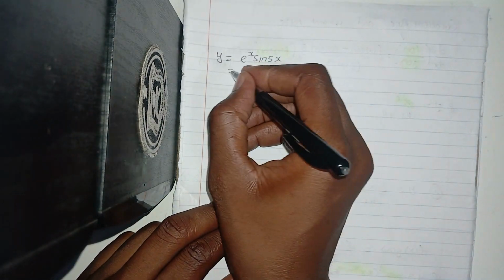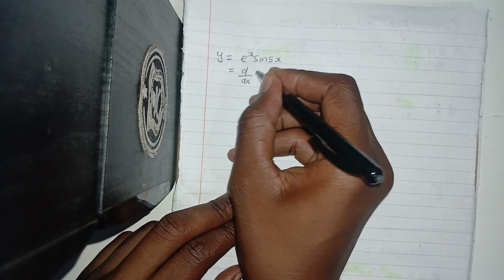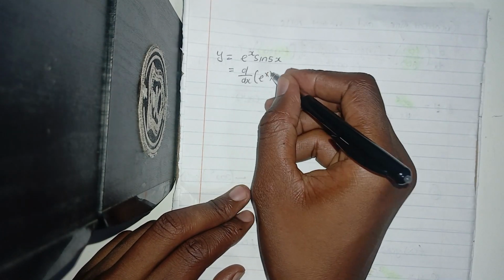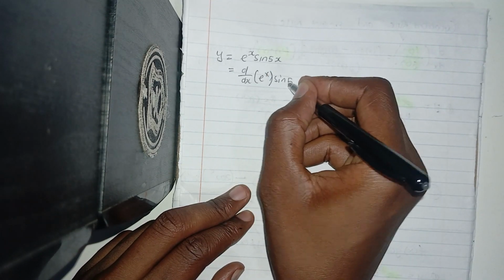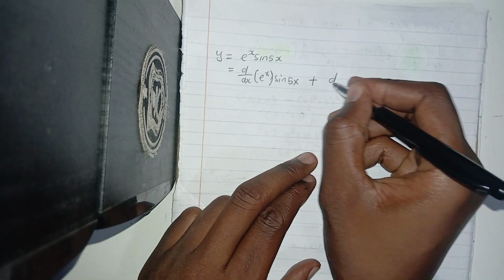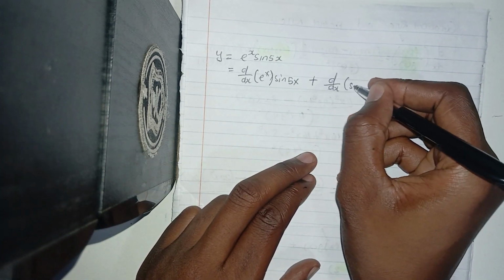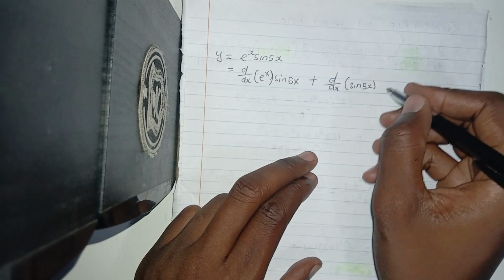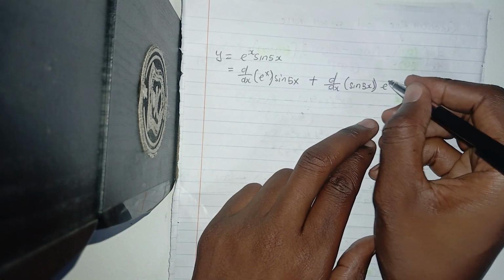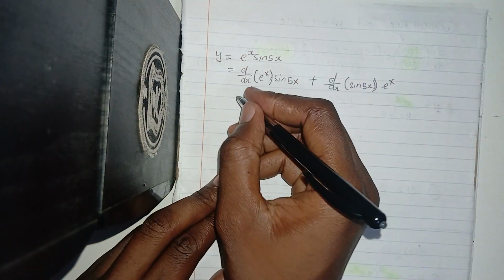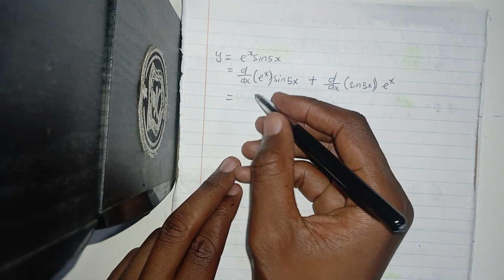First thing first, you have to derive the first one, multiply it by the second one, plus the derivative of the second one, multiply it by the first one. Right? So now from there, you're just going to have to do what?